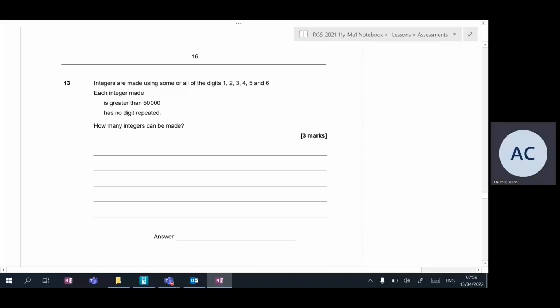Okay, it does say some or all, so don't have to use all of them. That's quite interesting. Anything I use when I'm using all the digits is going to be greater than 50,000. Okay, so using all digits is an option.